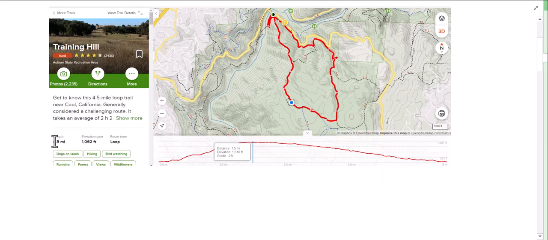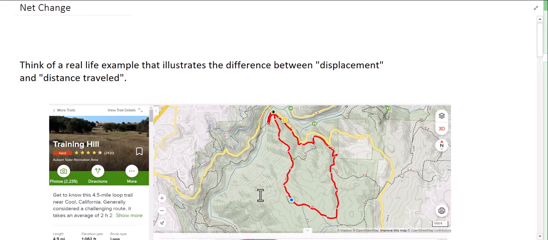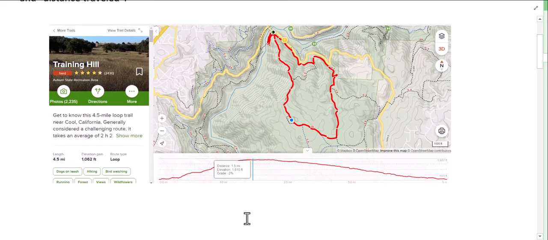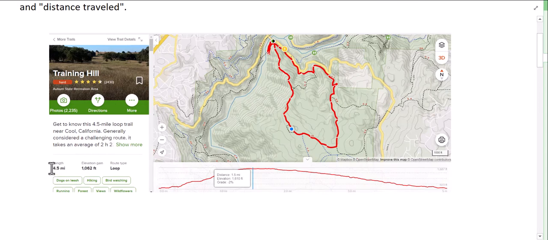And so the distance traveled, when I go hiking, or running when I'm preparing for a trail run, the distance done will be 4.5 miles, yet the displacement is 0 because I started and ended at the same place. So displacement refers to how far you are from where you started, whereas the distance traveled is the entire path taken, so the total measure of the distances.